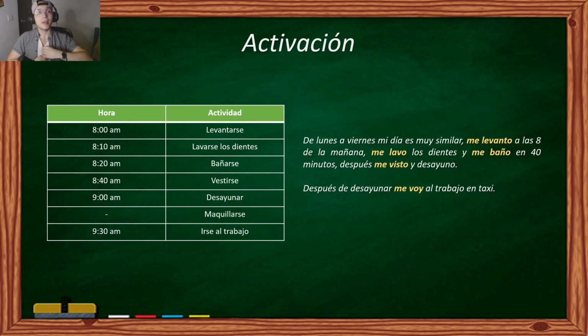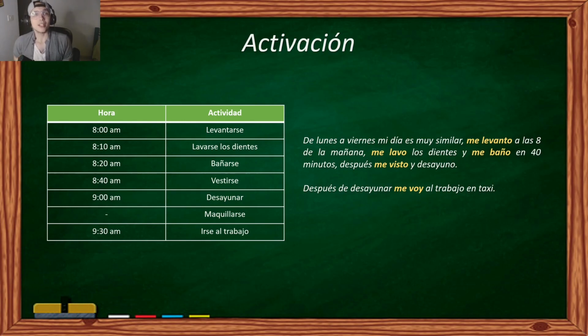Después, me visto y desayuno. Después de desayunar, me voy al trabajo. So, it would be, I get up at 8, I wash my teeth, I get a shower, I get dressed, and I have my breakfast. And after my breakfast, I go to work in a taxi.